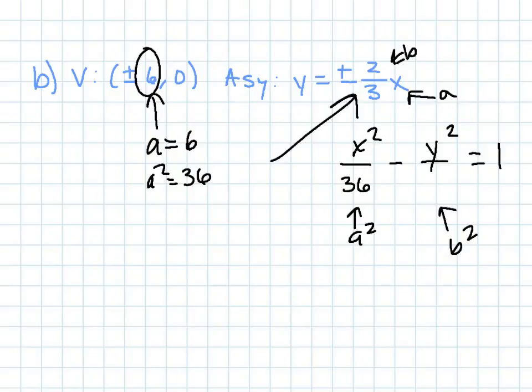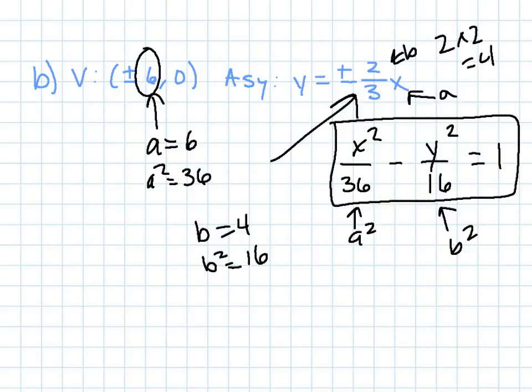If they were going to get this 2/3, there has to be a common factor between b and a to be able to reduce to 2/3. Because there's a difference of times 2 from 3 to get 6, I'm going to multiply b by 2, which gives me 4. So b must equal 4, which means b squared must be 16. So put that in. There's my equation.